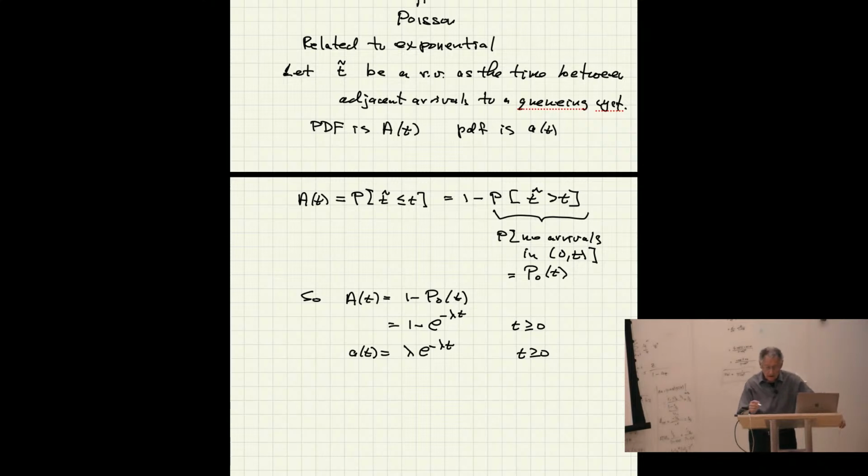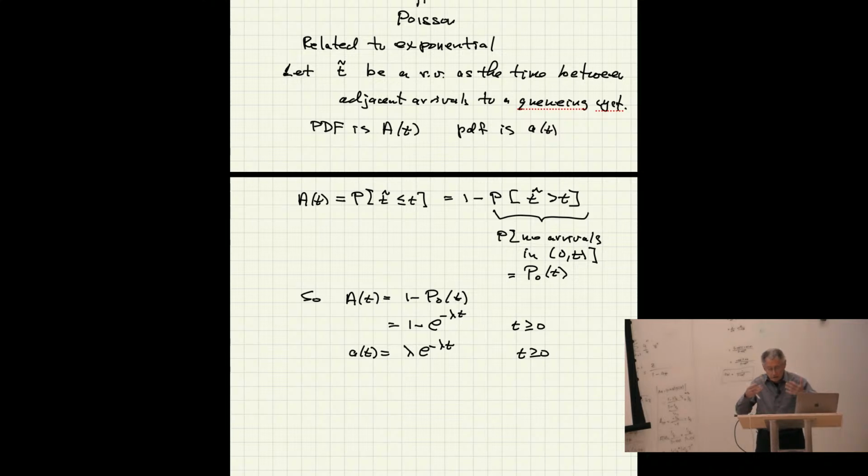Well, remember, I introduced the Poisson process when I substituted for this. That came from the Poisson process, and when I did that, I got this, which means that the interarrival time is an exponential, which means they're the same thing.